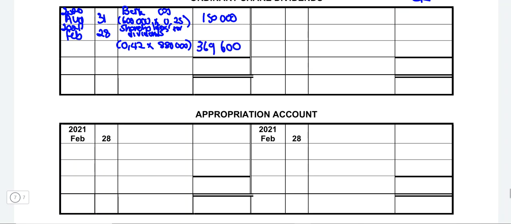Okay, then when we are done, we add these two amounts, then at the end of the year we'll post these two appropriations. So remember, it's 2021 February the 28th. All this will be posted to appropriation, and remember, appropriation is a general account. So this will go to the general journal, the shareholders for dividends, because there's no journal for it besides the general journal.